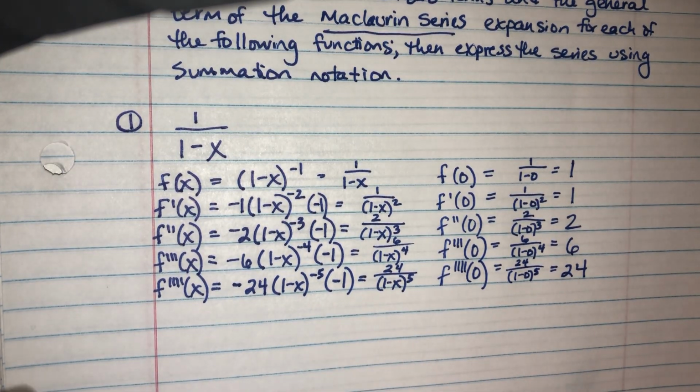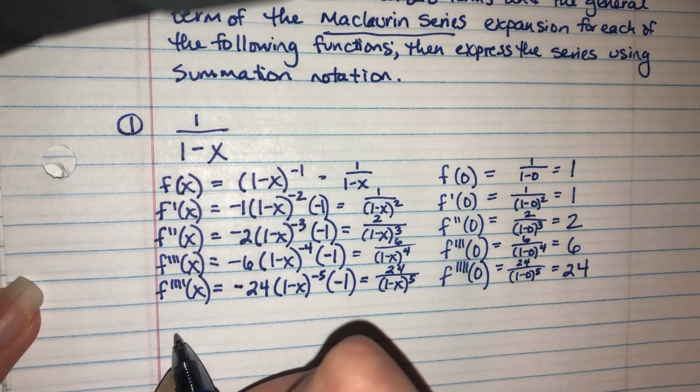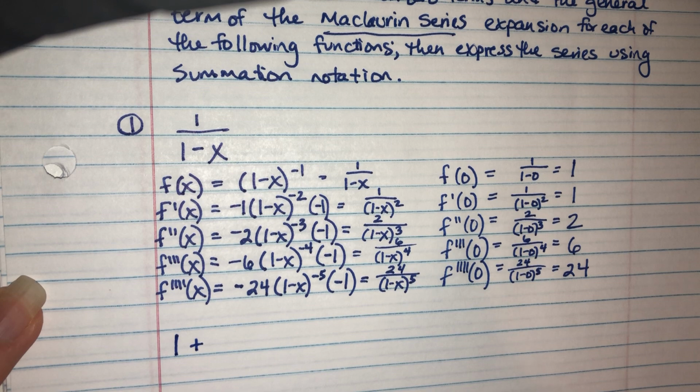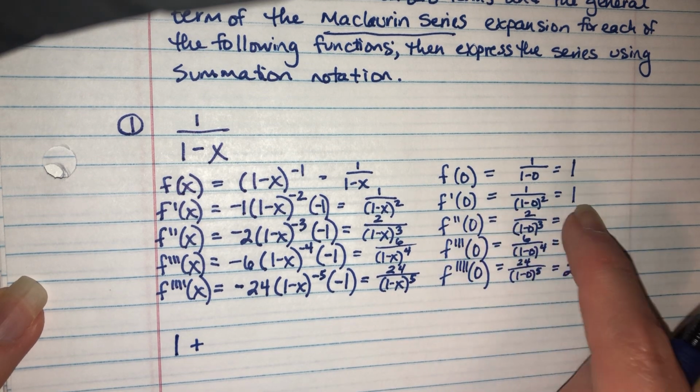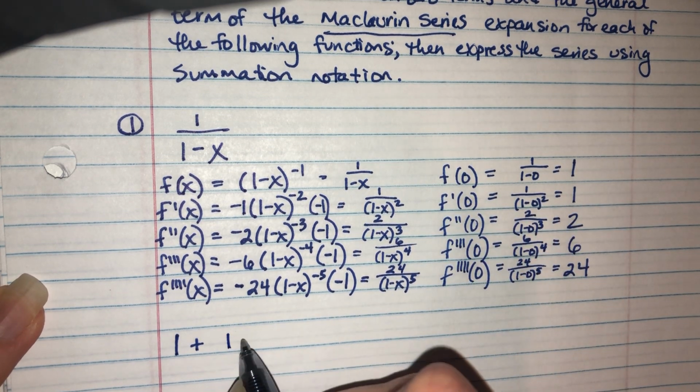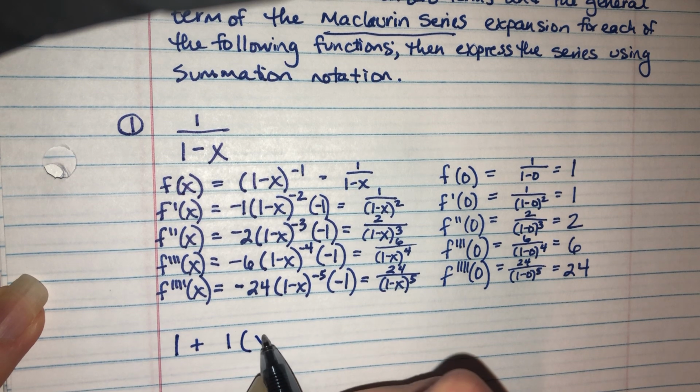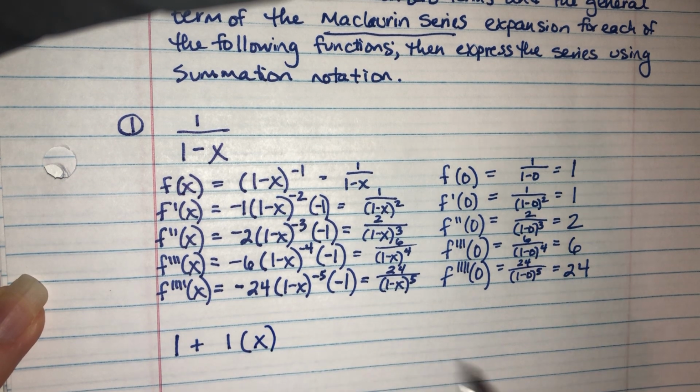So now I'm going to write out the first 4 non-zero terms of the Maclaurin series. So I start with f of c, which is f of 0, which is 1. And then my next term is f prime of 0, which is 1, times x minus 0.